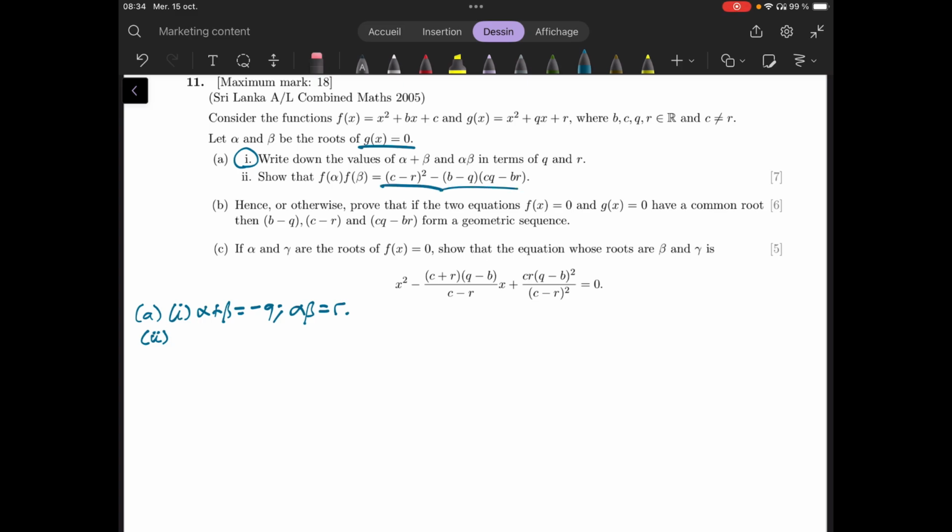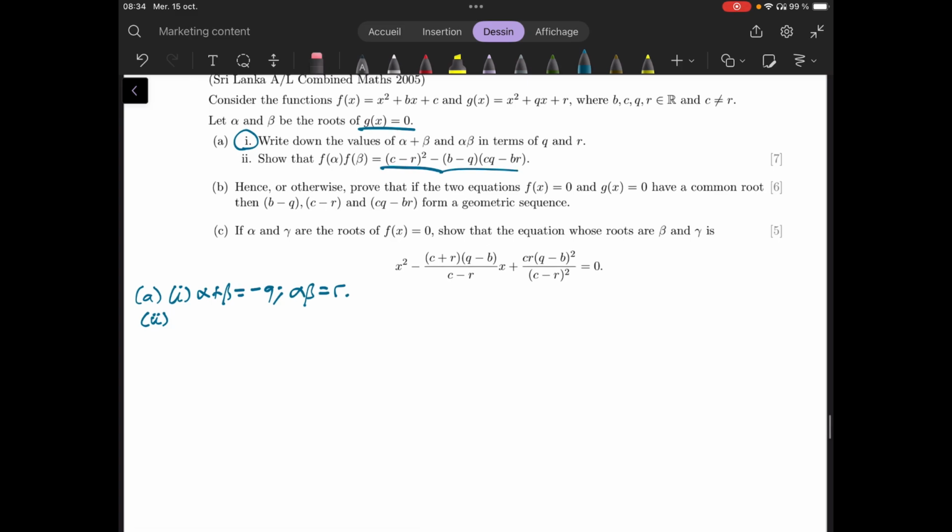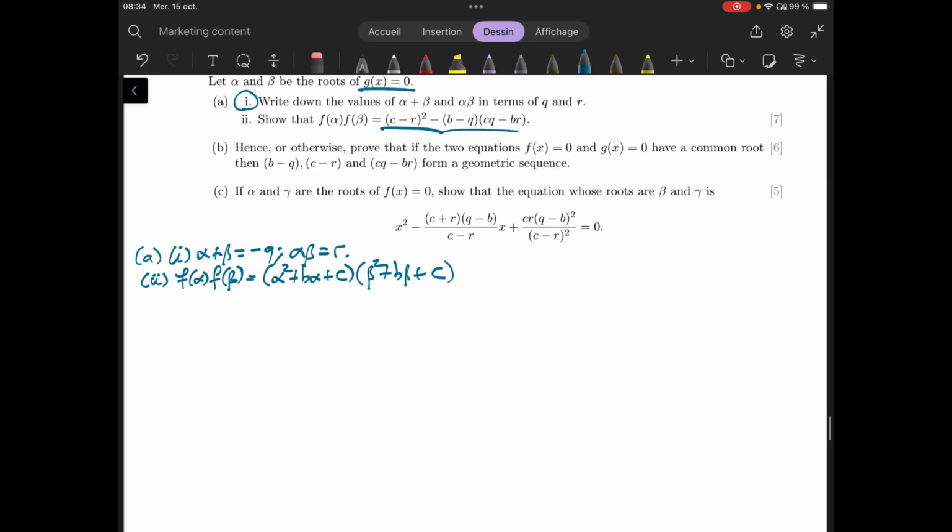Part 2. Be very organized with this. Show that f alpha, f beta is equal to this shenanigan on the right. I would argue it's easier to just bite the bullet. Expand and simplify.